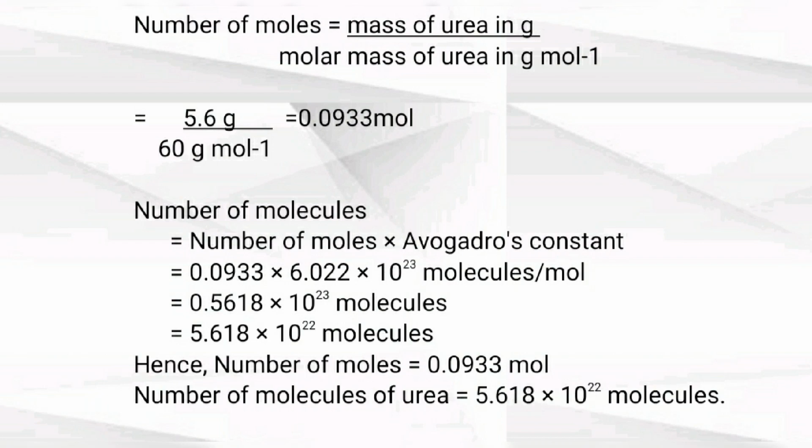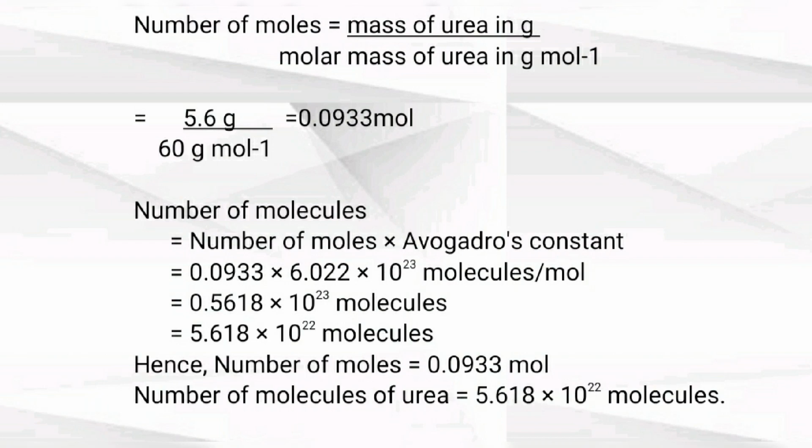Now the number of molecules. To calculate the number of molecules, we have to multiply the number of moles by the Avogadro constant or Avogadro number. Here the number of moles is 0.0933 and the Avogadro constant is 6.022 into 10 raised to power 23 molecules per mole.